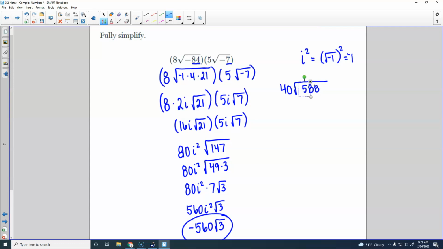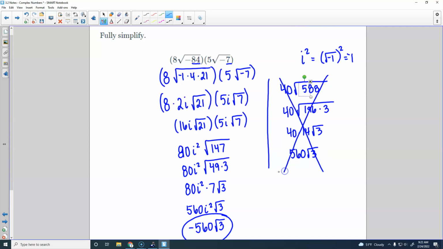I think it's actually 196. 588 divided by 196. This breaks down into 196 and 3, which is 14 times root 3. Don't write this down because this is not right. And so that would give you 560 root 3. But if you do that, the negative disappeared, right? So this is not correct.